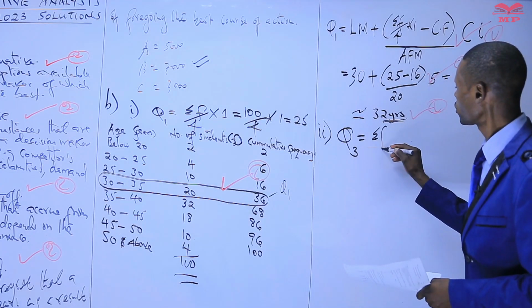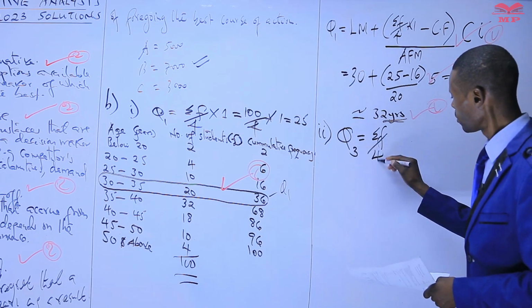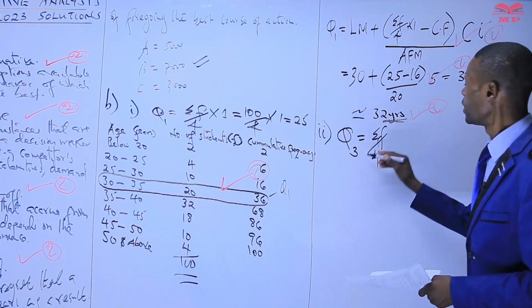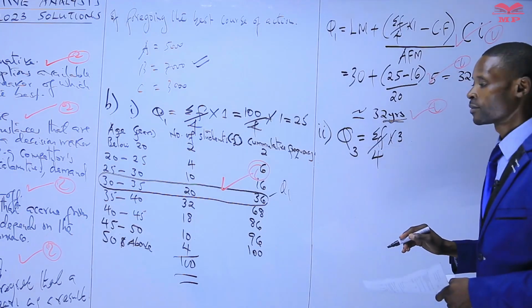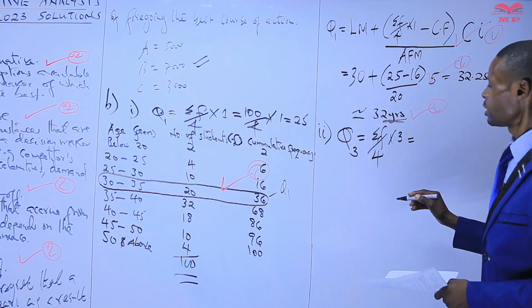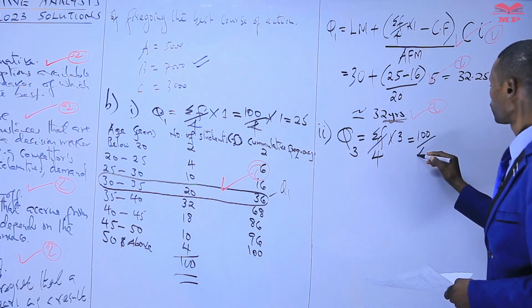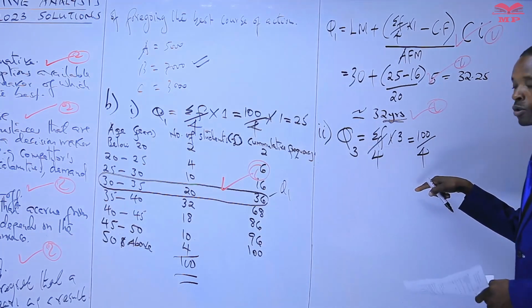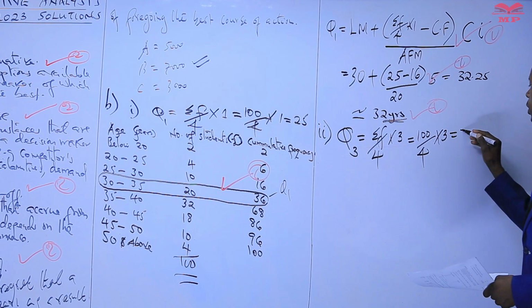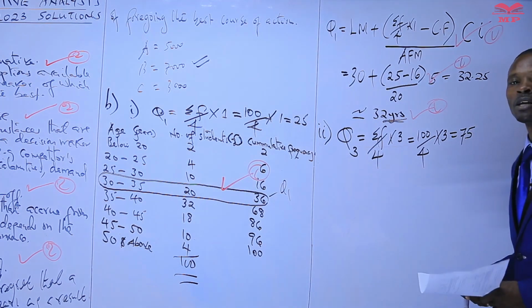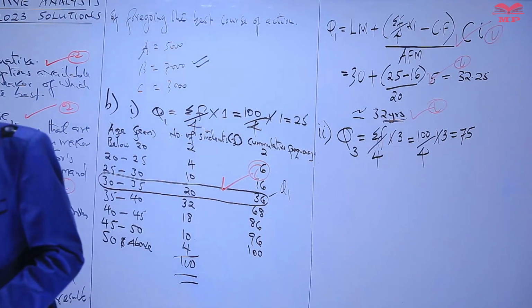We get the summation of the frequency divided by 4 because it's quarters, then I multiply with 3. We have 100 out of 4, which gives us 25. Then I multiply with 3, which leads to 75.